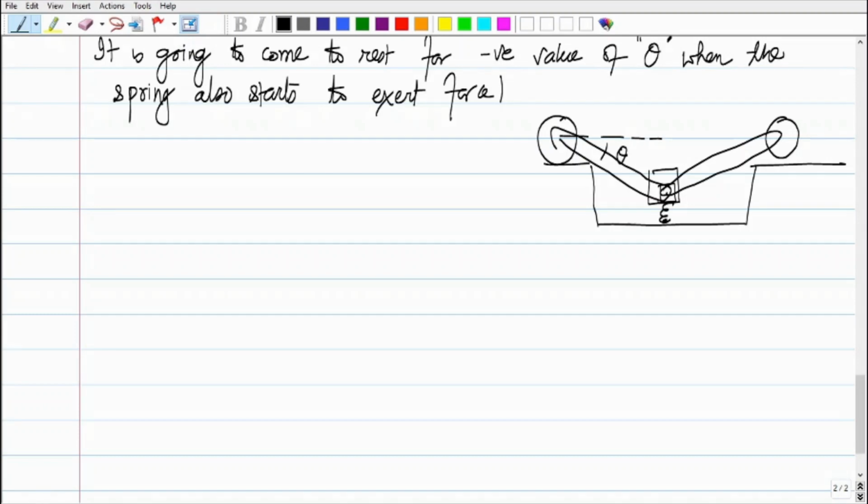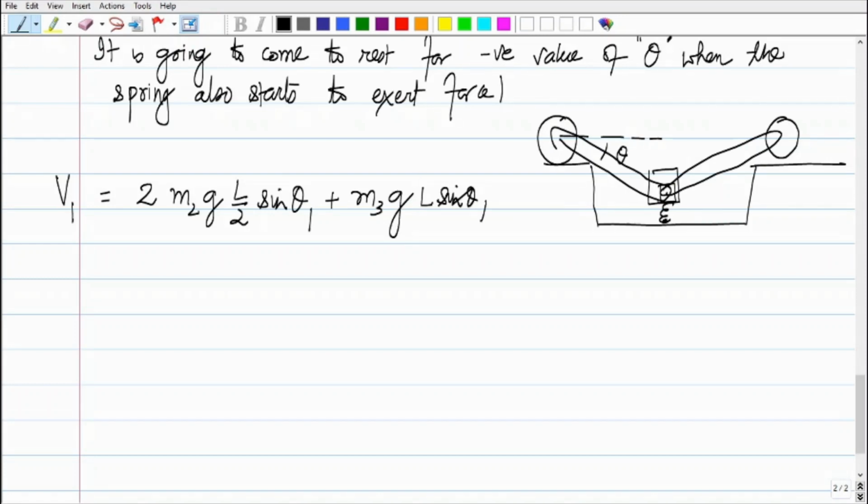So the potential, we already know the initial potential, V1, when theta was equal to theta 1. What was that equal to? We had 2 times m2g L by 2 sine theta 1 plus m3g L sine theta 1.